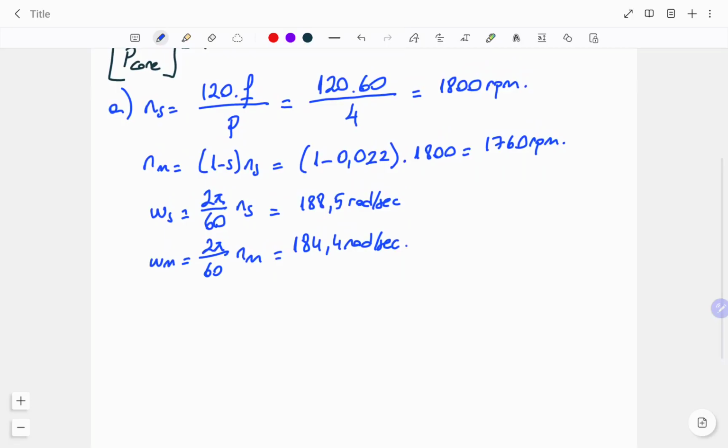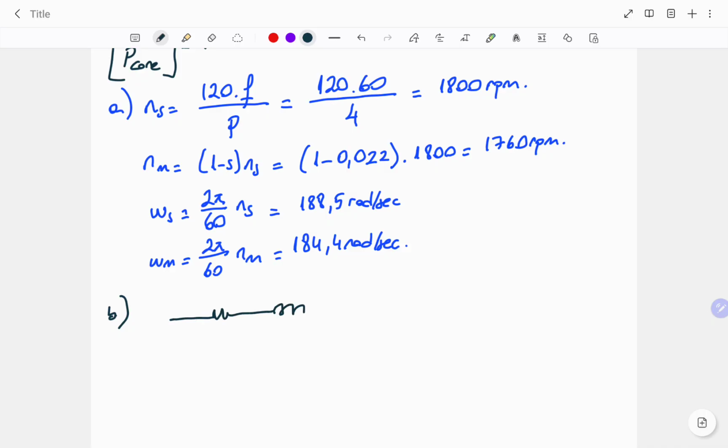Okay, so in the next part, we can calculate the input current of the induction motor. To calculate the input current, we need to examine the circuit and we have to calculate the total impedance of the induction motor.